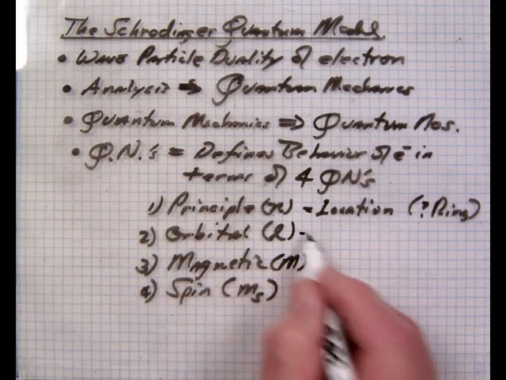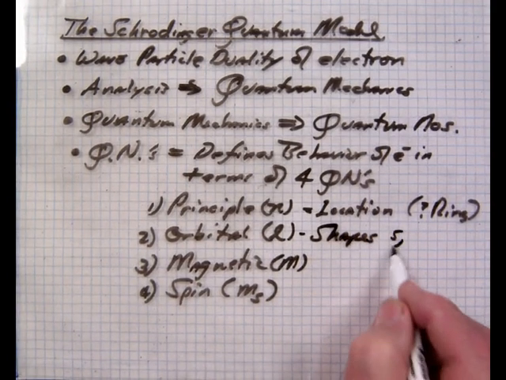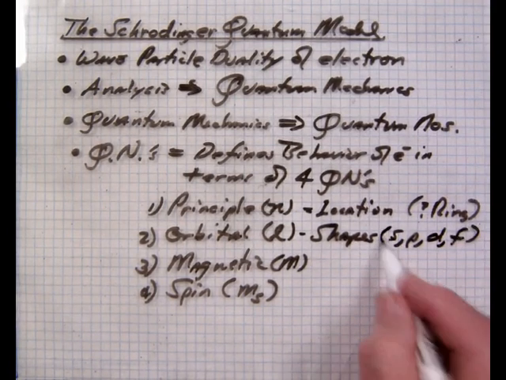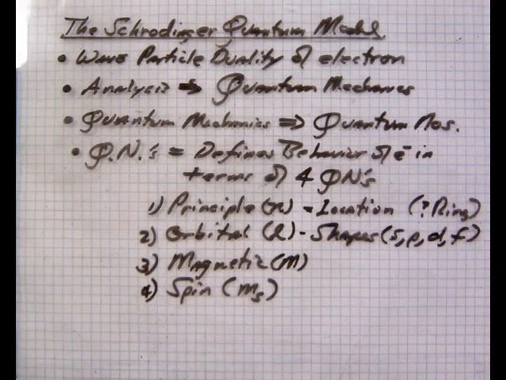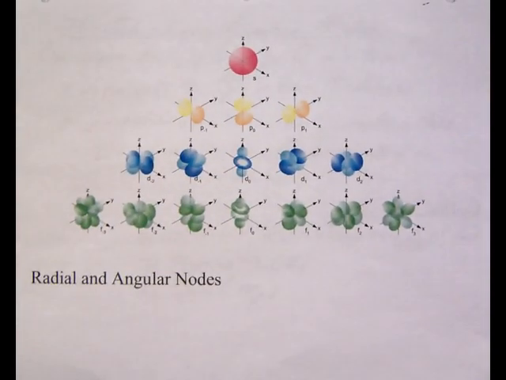Okay, orbital has to do with shapes, and you remember from earlier courses s, p, d, and f orbitals. We'll talk at great length about some of the shapes that electrons sweep out in their orbital spheres: figure 8s, overlapping figure 8s, and multiple figure 8s.